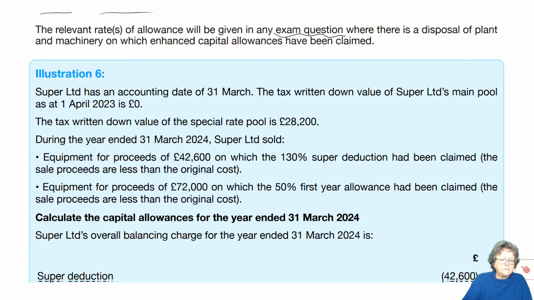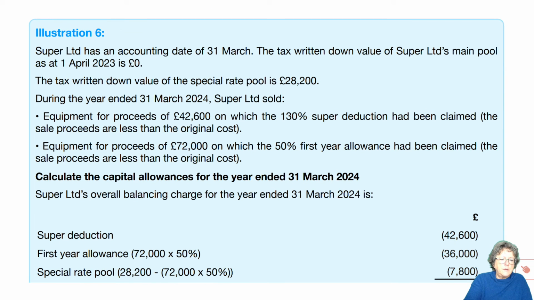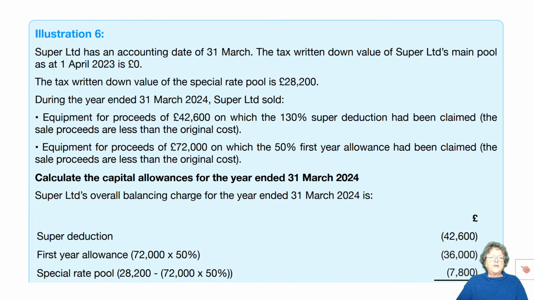Now this is going to be given to you in the exam, and as I say, this is an illustration which has come from ACCA. Normally if that's the case, then that's the kind of question they might ask in an exam that looks very, very similar to this, because they don't want to test you on stuff that they haven't agreed to. So Super Limited has an accounting year end of 31st of March. The tax written down value on Super Limited's main pool was 0.